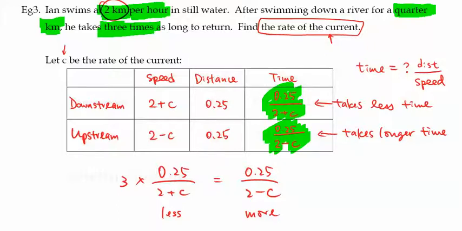Or some people would do it in a different way. Knowing how the one that takes longer time will be 3 times bigger, that means the one that takes longer time divided by the one that takes shorter time equals 3.